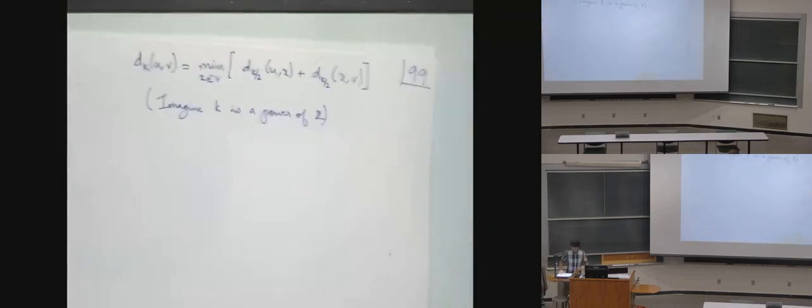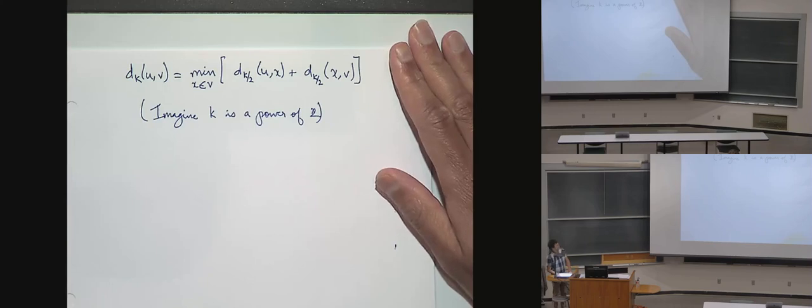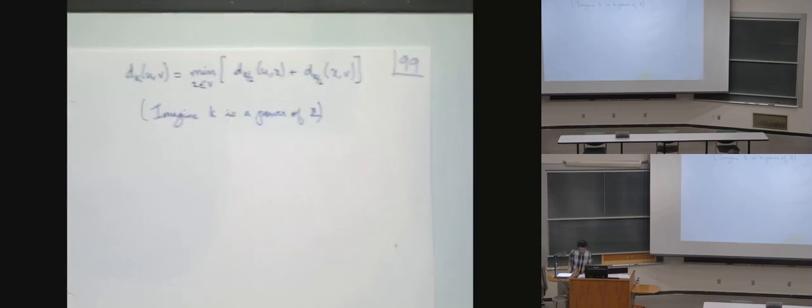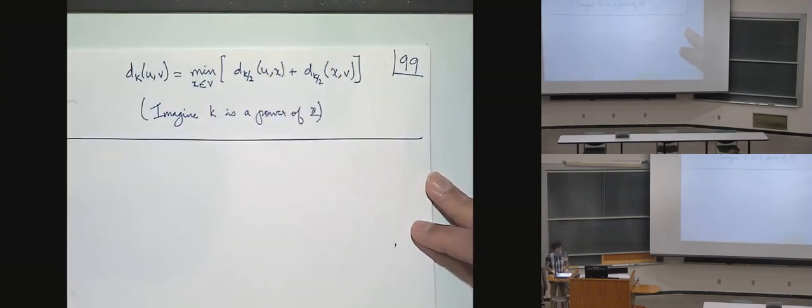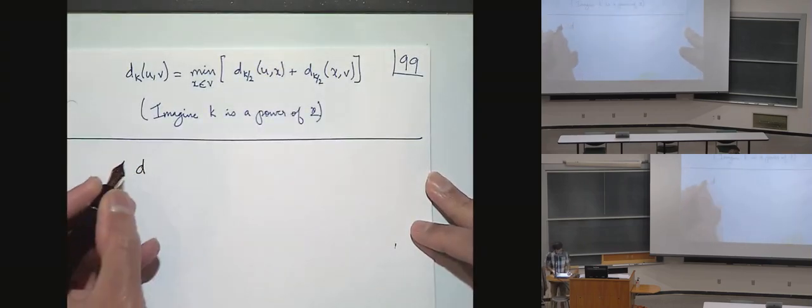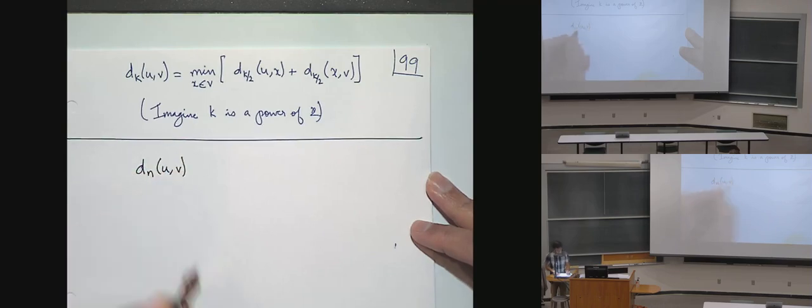Okay. So now the next trick is to use a different recurrence. There's another thing that I'm going to say here, which maybe was the point of confusion last time, so I'll come back to the statement in a bit. What is d_n of uv?